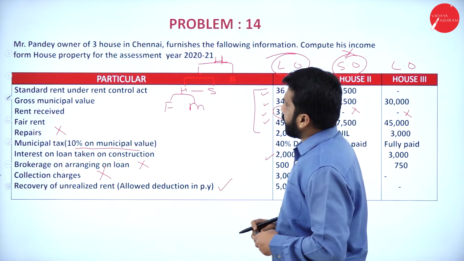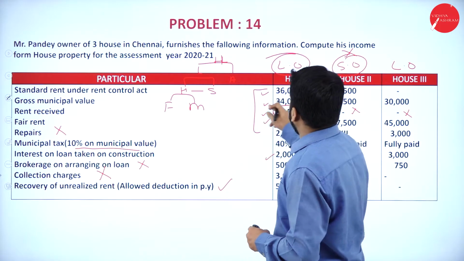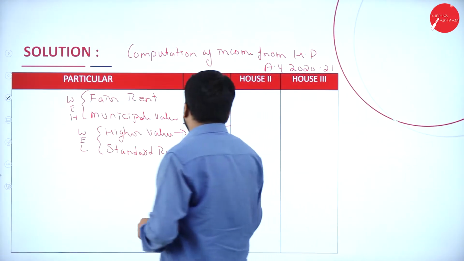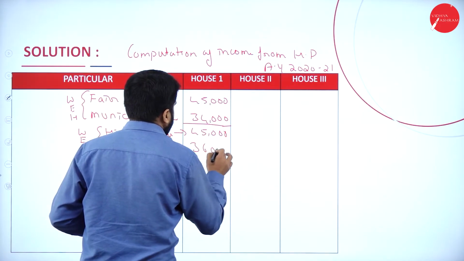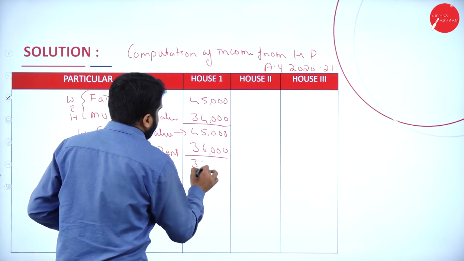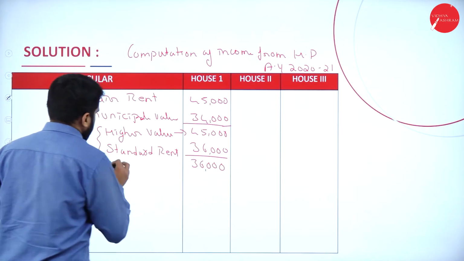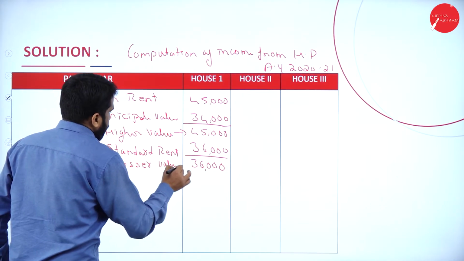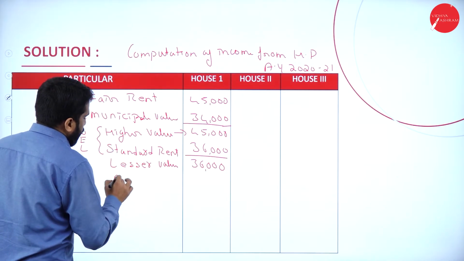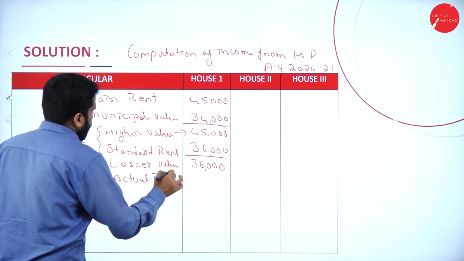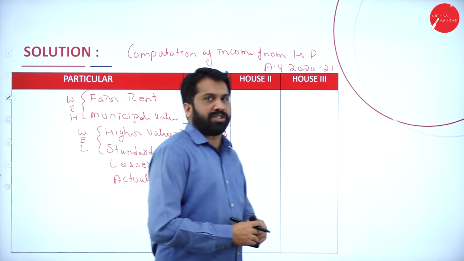Your standard rent as per this, I'll get around 36,000. I'll go for that. 36,000. Whichever is less, we'll go for 36,000. Lesser value. Compare actual rent. So we'll go for actual rent.